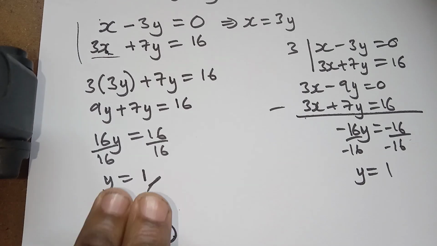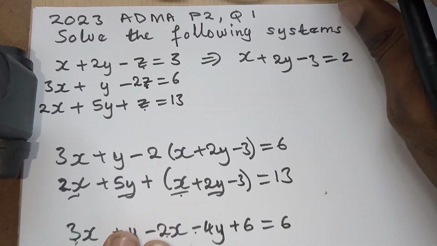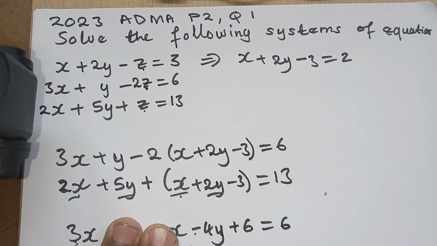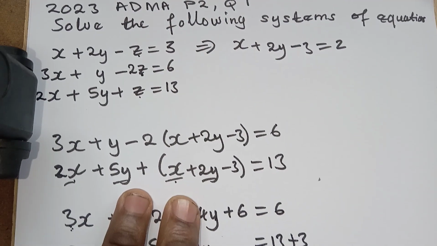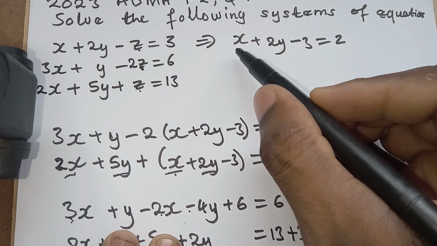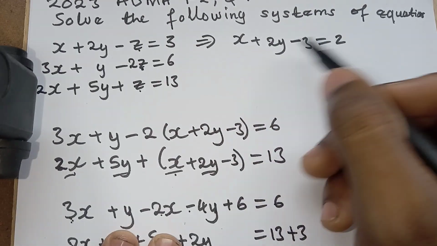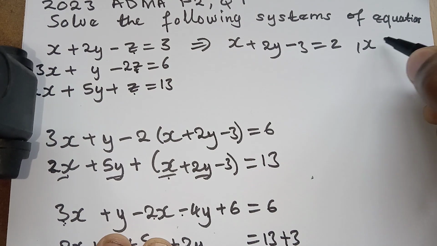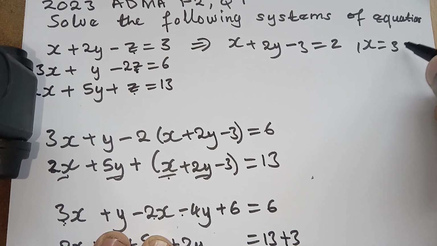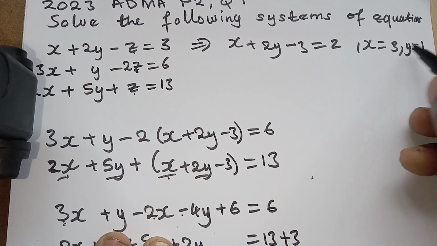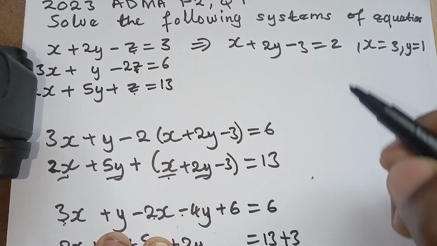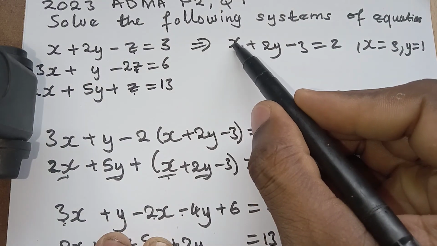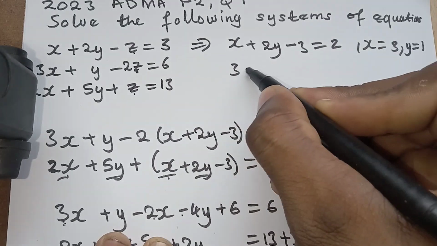So now we are not done because we still have a z. To find the value of z, you can use this same equation. It's much easier using this, knowing that x is equal to 3 and y is equal to 1. We can just substitute these two in this equation and simplify. So where we have an x, let's put our 3.